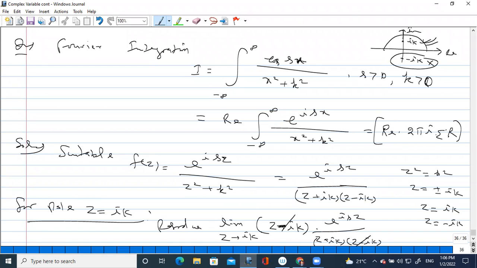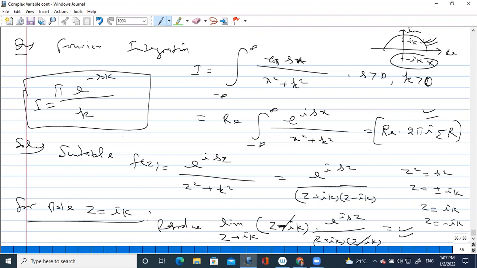Now you can put the value of ik here, find the residue, and put it in this formula. You will get the answer. The answer should be pi e to the power minus sk divided by k. Note it down. You can complete it.